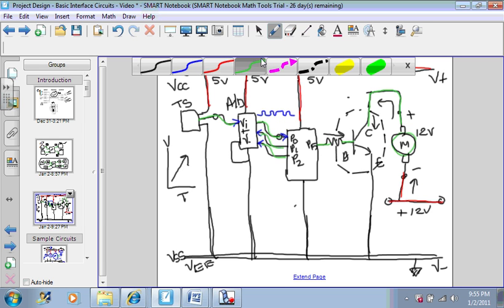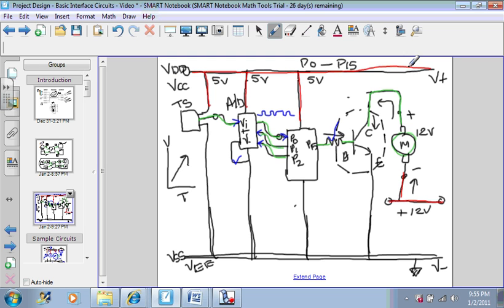And then sometimes we need extra components or extra wires to complete the job of the system. Here is my completed circuit diagram.